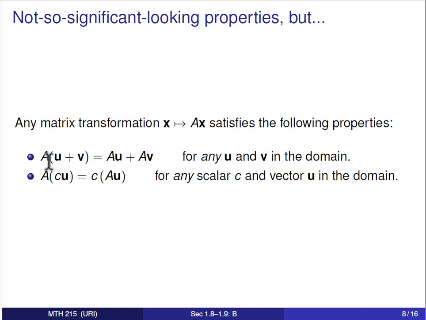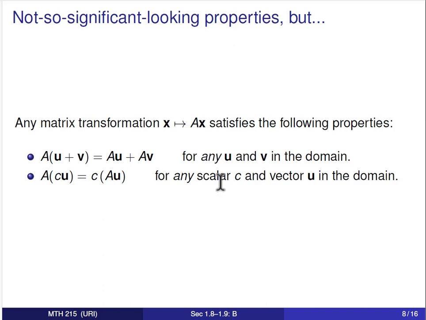In other words, matrix multiplication onto vectors distributes over those vectors. It's also true that if you were to scale your vector before applying the matrix transformation, you'd get the same thing as if you did the matrix transformation first and then scaled afterwards. Algebraically, we can factor a scalar outside of this matrix-vector product. This works for any pair of vectors u and v and for any scalar.